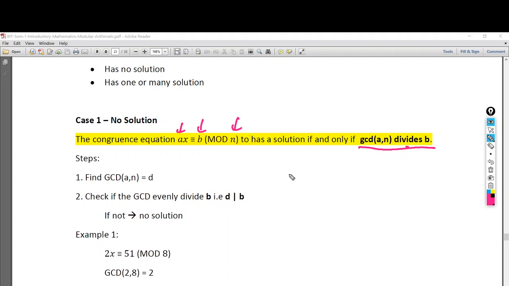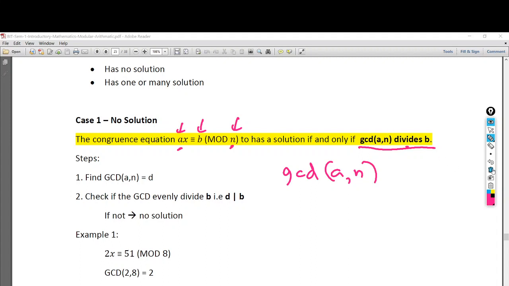You have to find the GCD of a and n, and check whether that GCD divides b. If it divides b, yes, it has a solution. If it doesn't divide b, no, it is not going to have a solution.